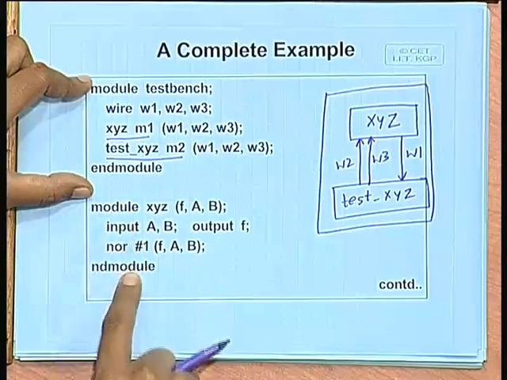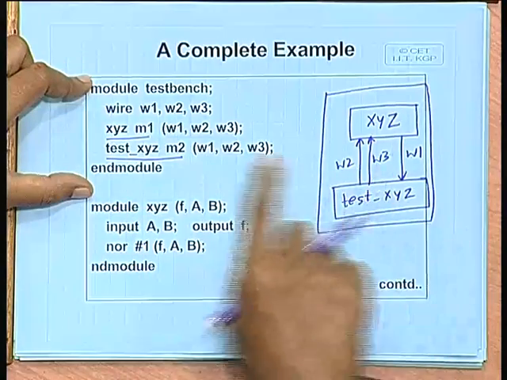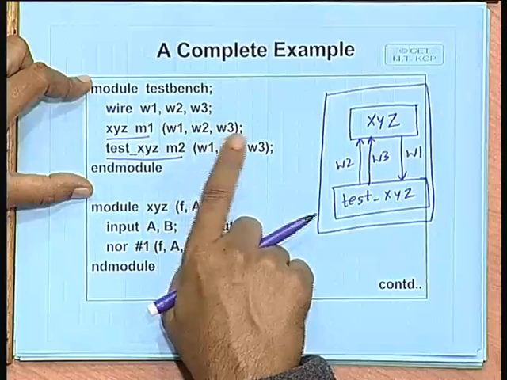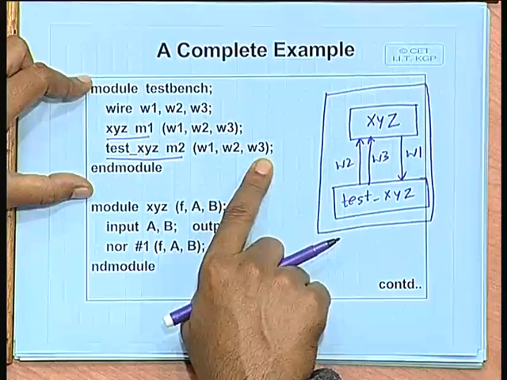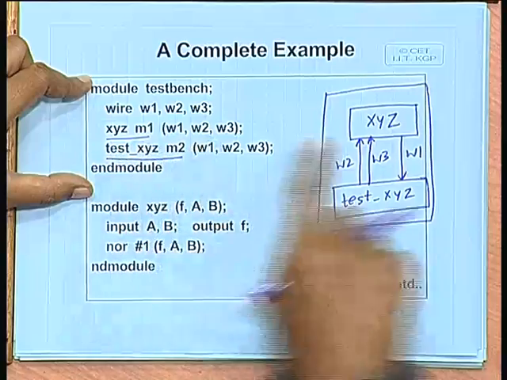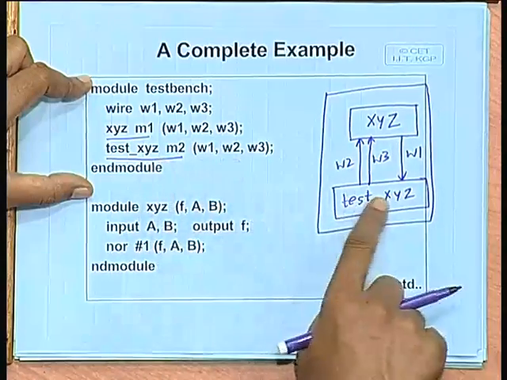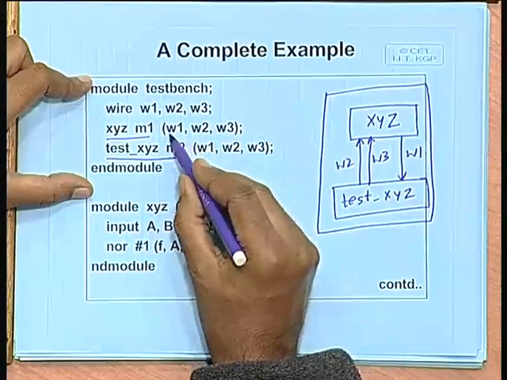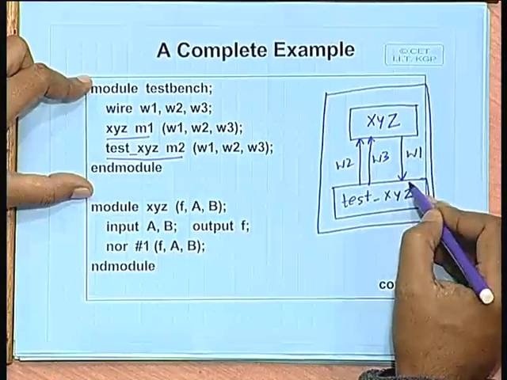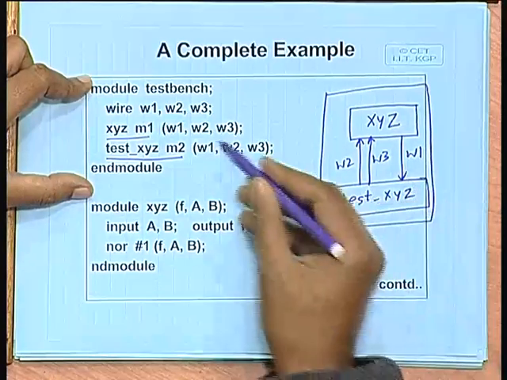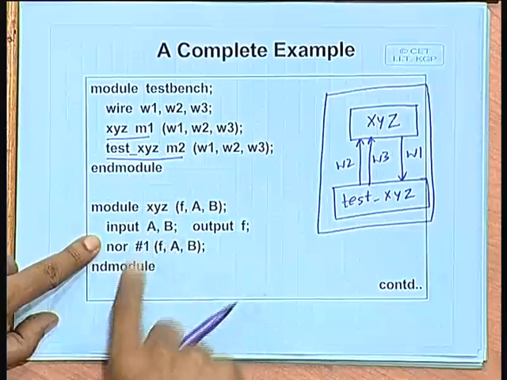When you see the modules and the test benches, you will see that they contain 3 parameters, W1, W2, W3, specified in the same order. The order in which you have specified the parameters will define the interconnection.